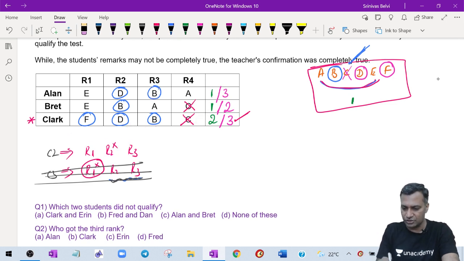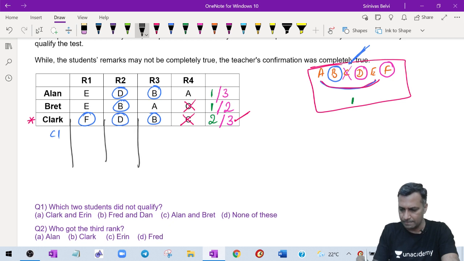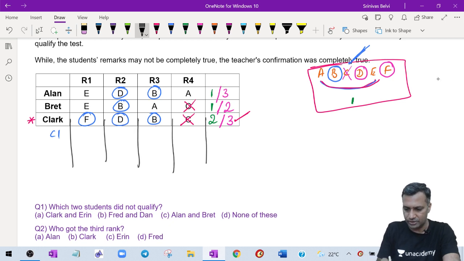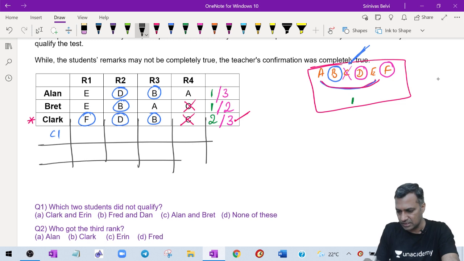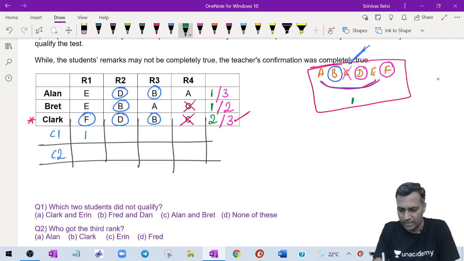Let's try and match this particular matrix. Case 1 of Clark. Let me quickly extend this table here itself. There are two cases, first case and second case, case 1 and case 2 of Clark. According to case 1 of Clark, F got the first rank and B got the third rank.